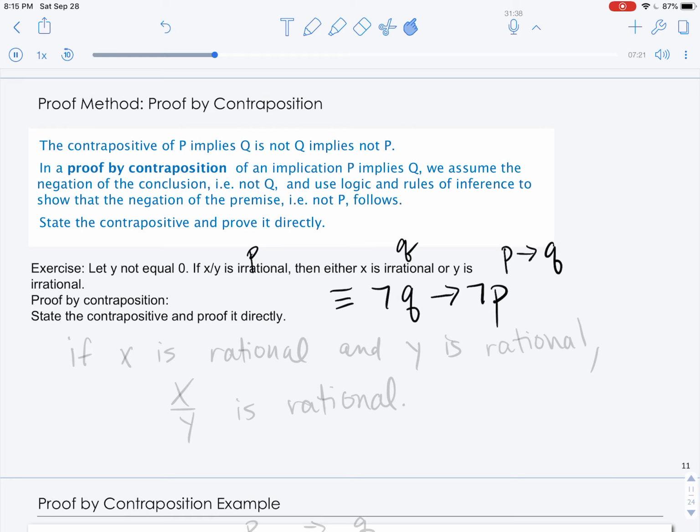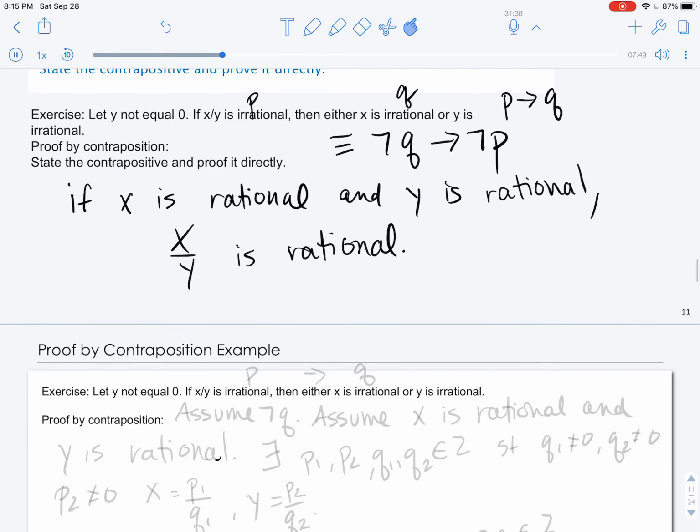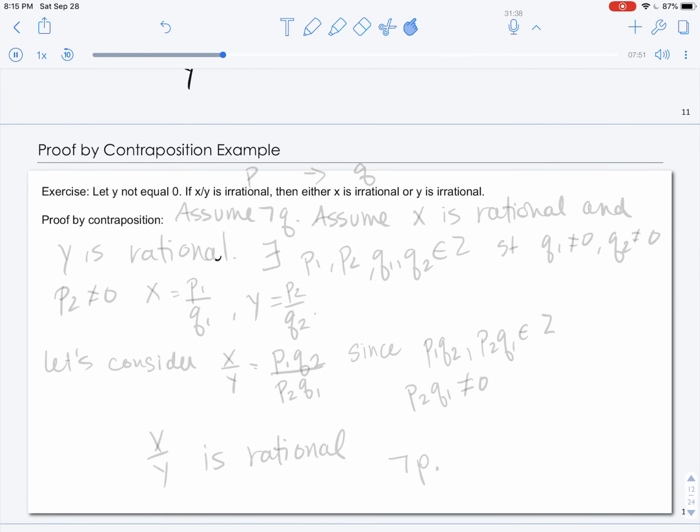When we negate that, we have to apply De Morgan's rule, and we will get that if x is rational and y is rational, then their ratio x divided by y is rational. Now that we stated the contrapositive, we can prove it directly.